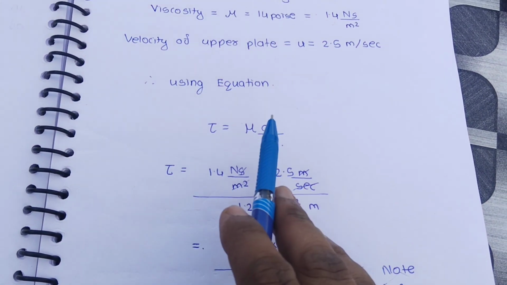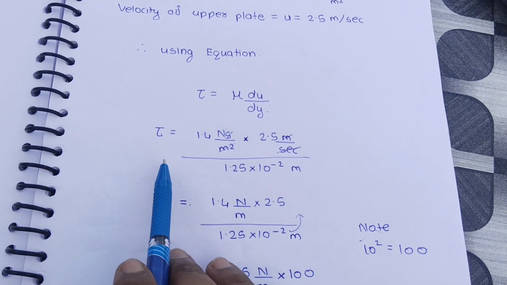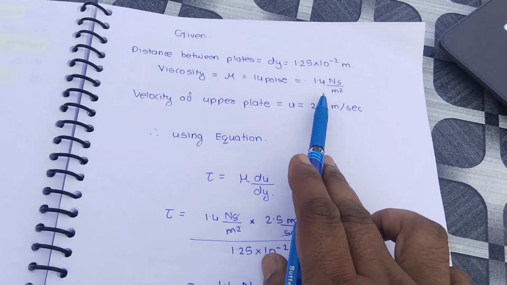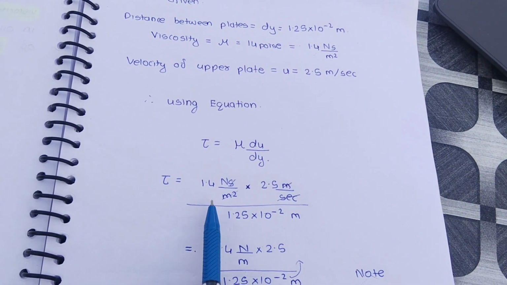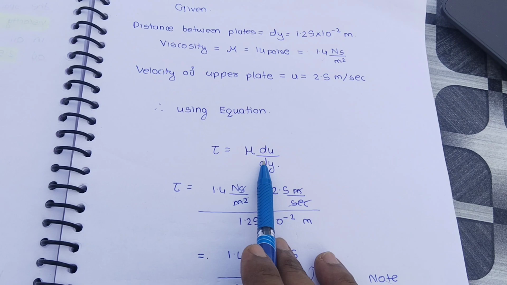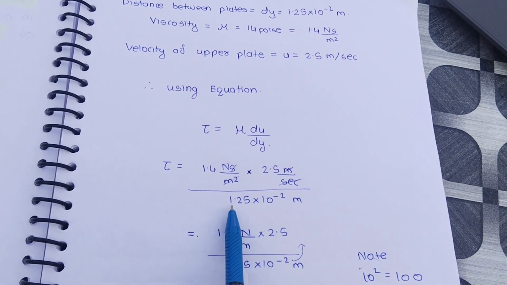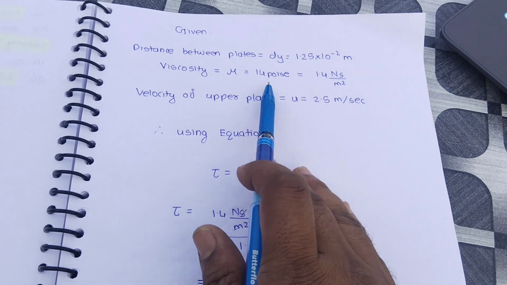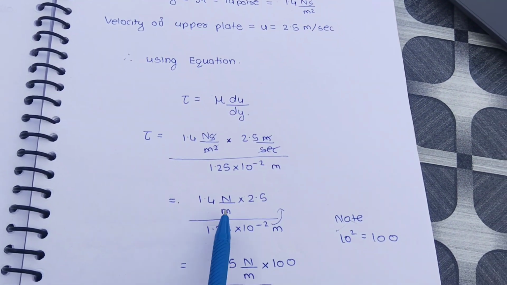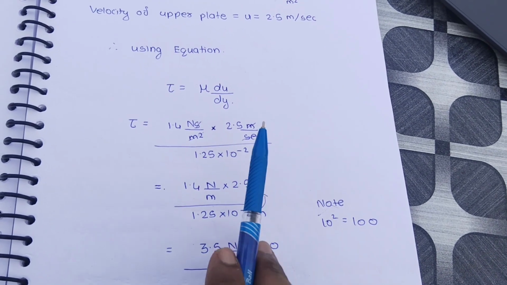Now using the equation, tau is equal to mu du by dy. So tau is equal to 1.4 Newton second per meter square, which is the value of mu, multiplied by du, the velocity of the upper plate, 2.5 meter per second, divided by dy, the distance between the two plates, 1.25 into 10 raised to minus 2 meter.